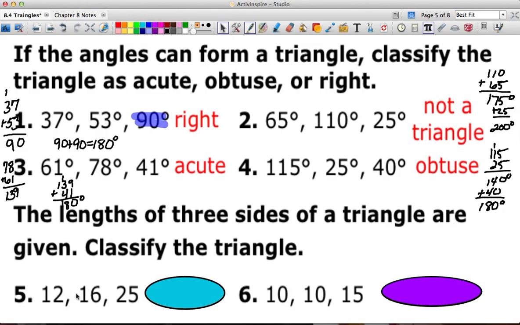If you look at the next two problems, it asks you to classify the triangles by their sides. Now remember, when we classify by the sides, it's isosceles, I don't think I spelled that right.